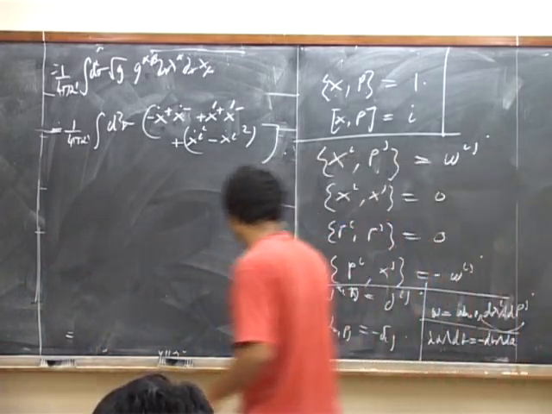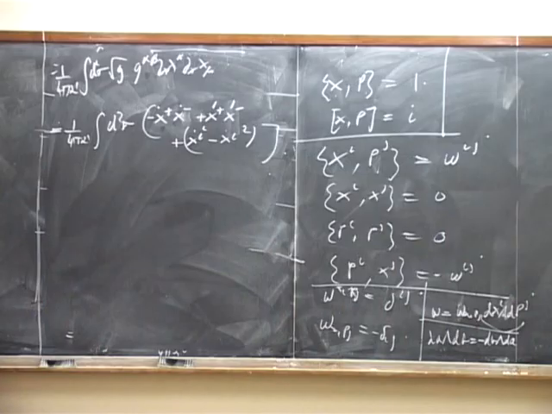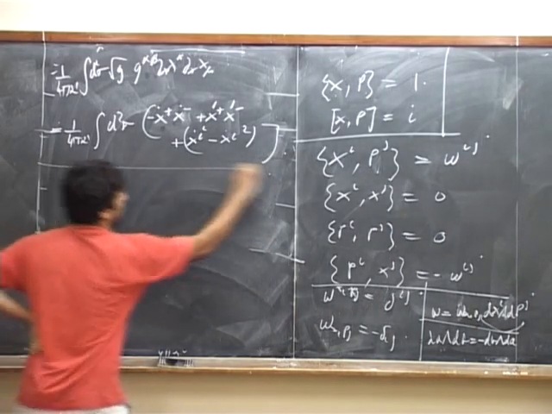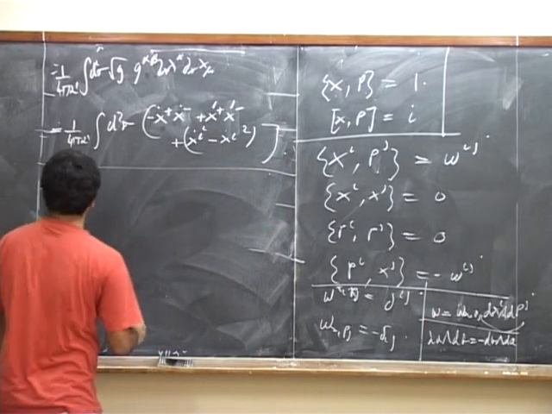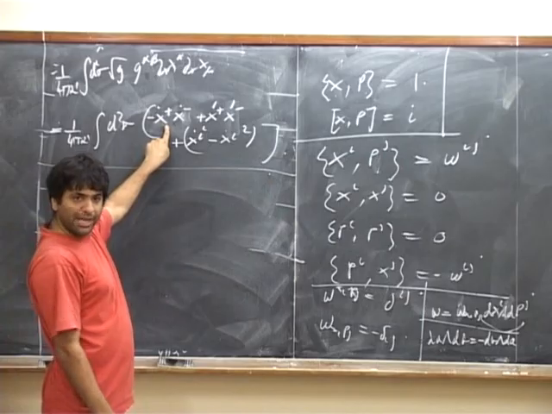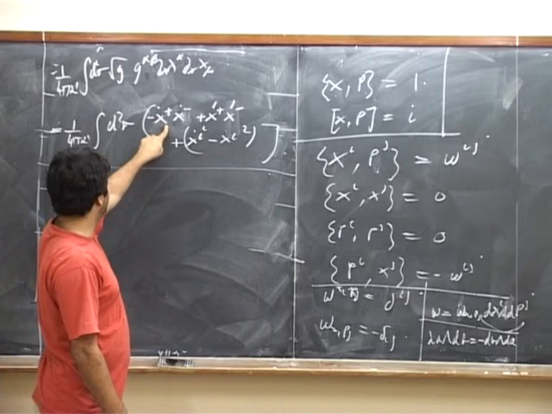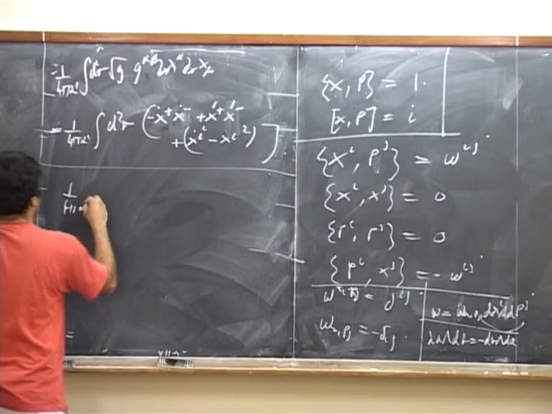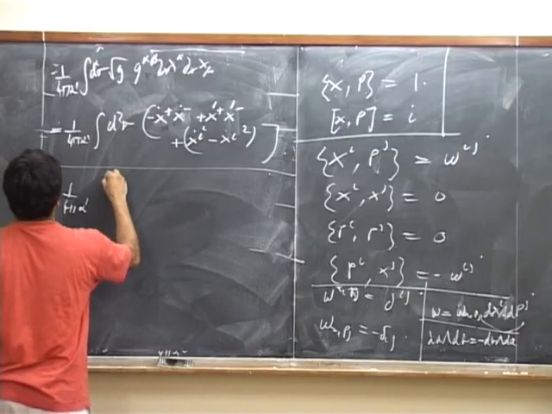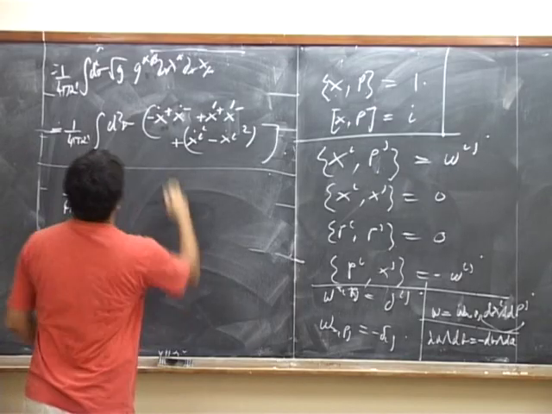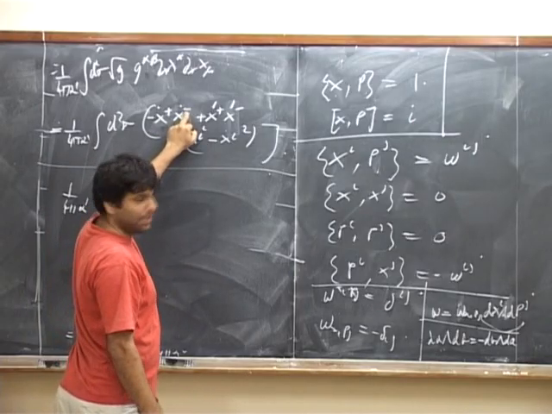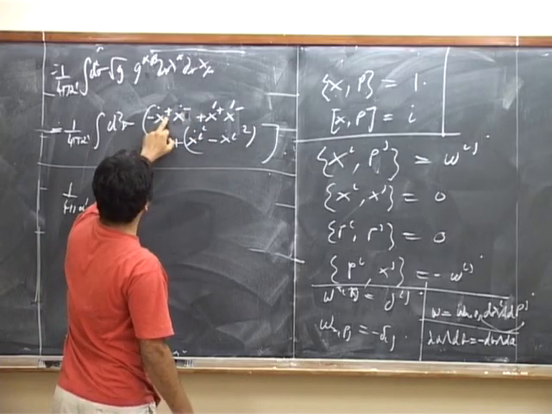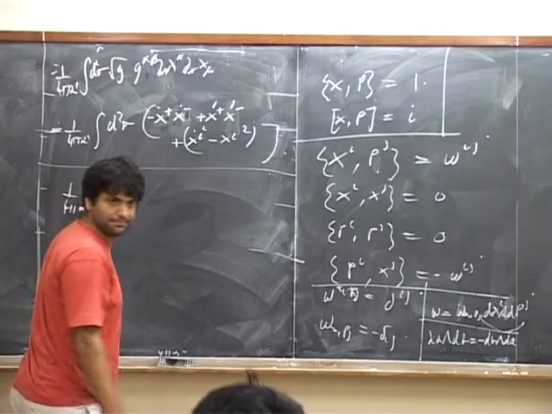So what's the symplectic form that follows from this action? The symplectic form that follows from this action is 1 by 4 pi alpha prime, integral. Now when we compute the momentum conjugate to any variable, the momentum conjugate to x minus is minus x plus dot.